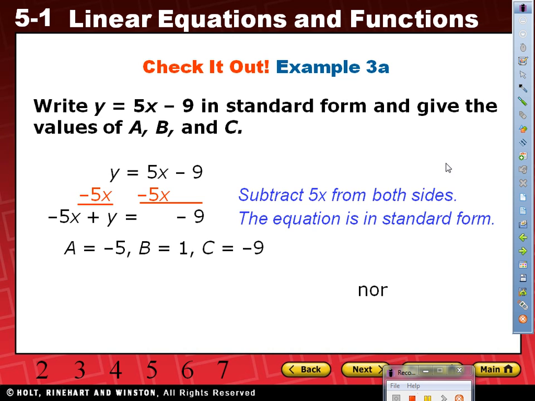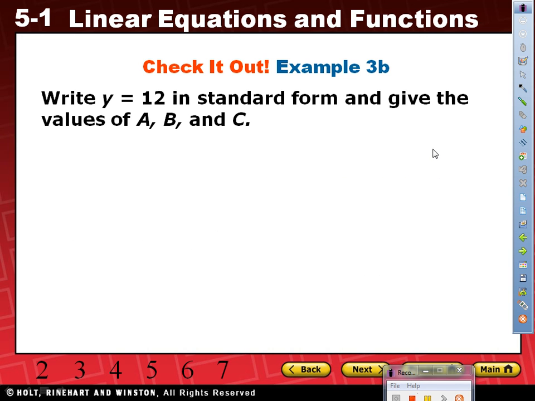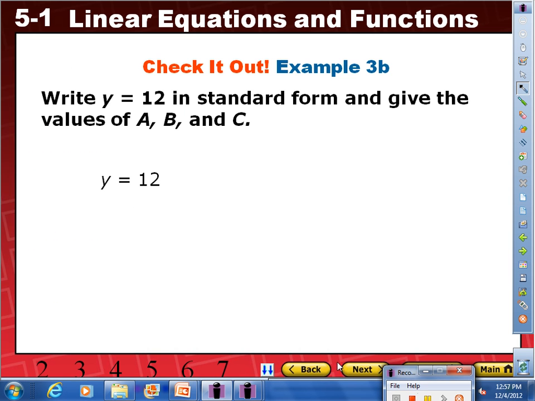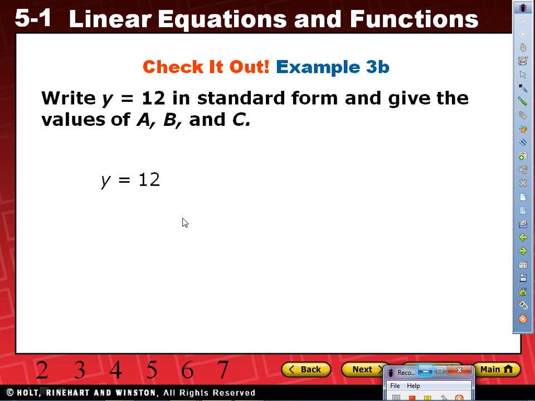So, we got this. And the last one. See if you can do this one by yourself this time. Go. Equation given, y equals 12. Okay, so what'd you do from there?